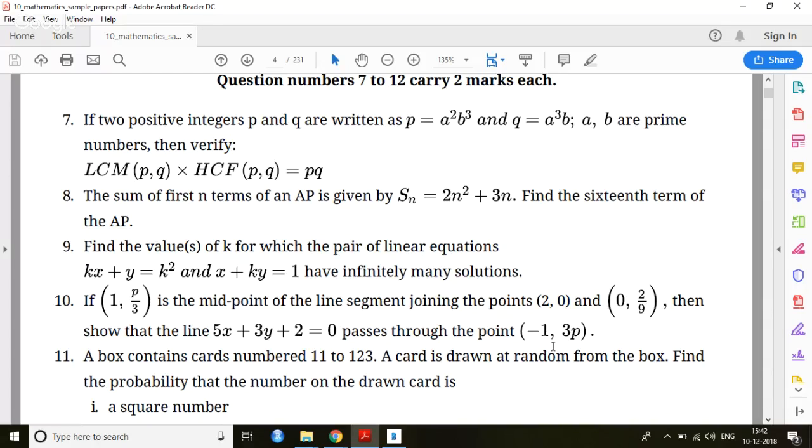Yes, the answer is minus 25. There is no doubt the answer is minus 25. I didn't see that it is asking for the 11th term from the last. I'll solve that question again.